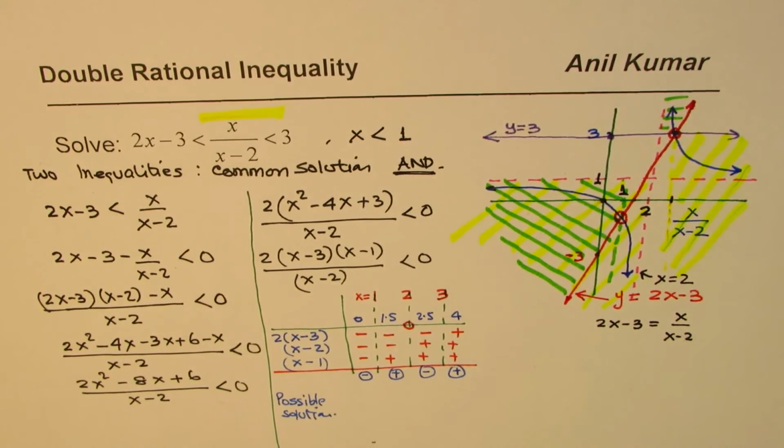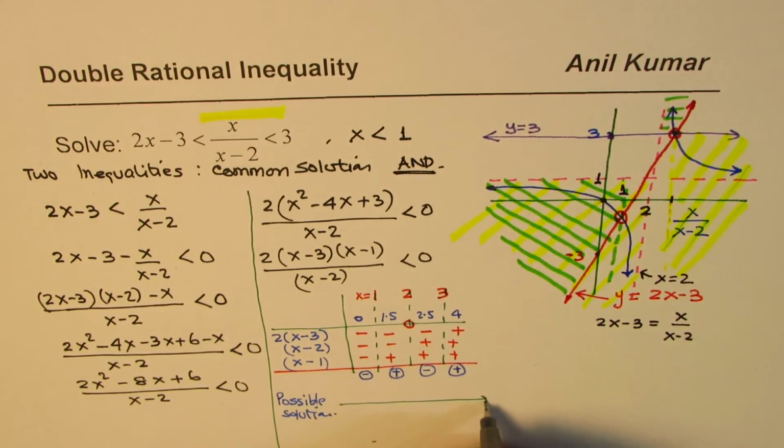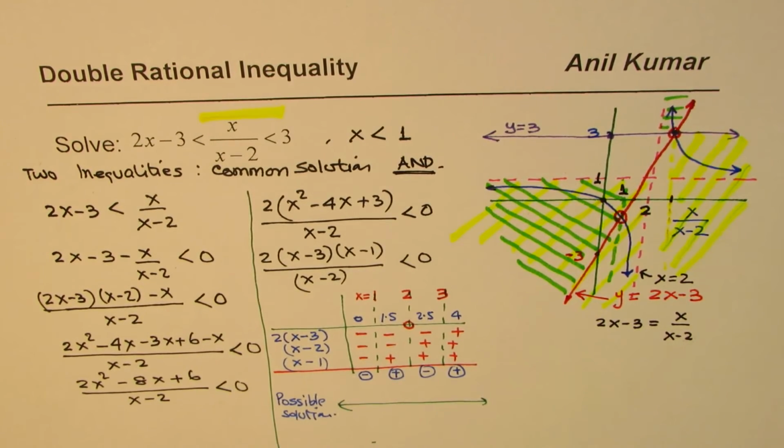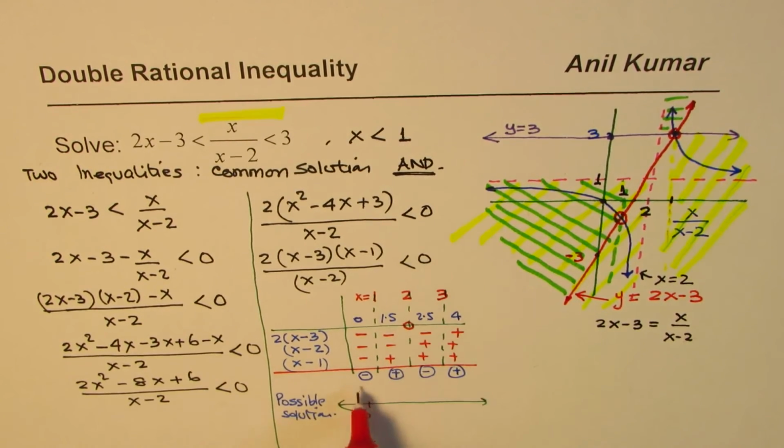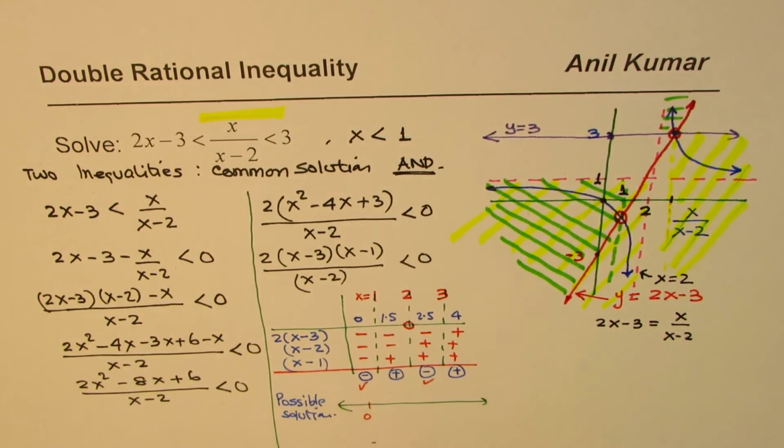for this inequality which we solve, let me represent this on a number line. It is kind of simpler. On a number line, let us say this is 0. One possible solution, because less than 0 means we are looking for negative, right? So these are the possible solutions. Is that okay? Not including, because this is not including.